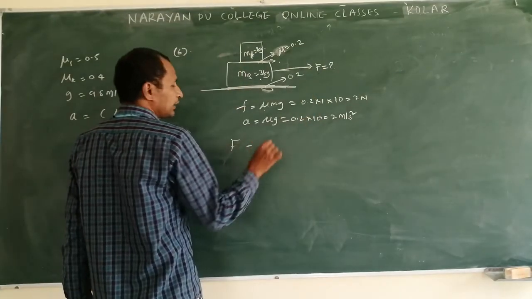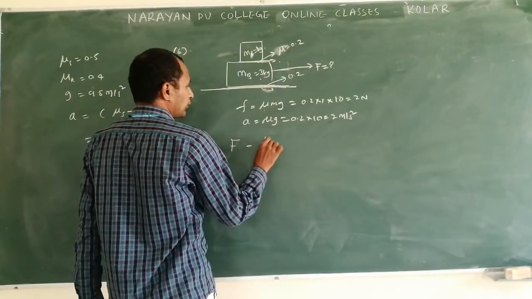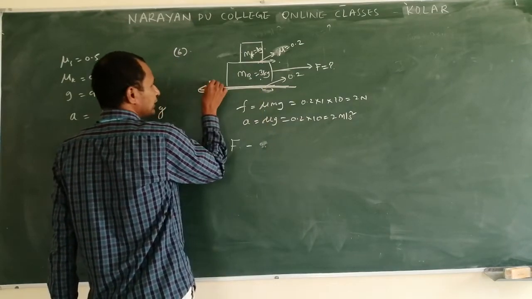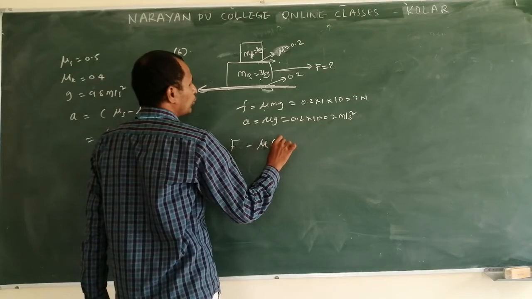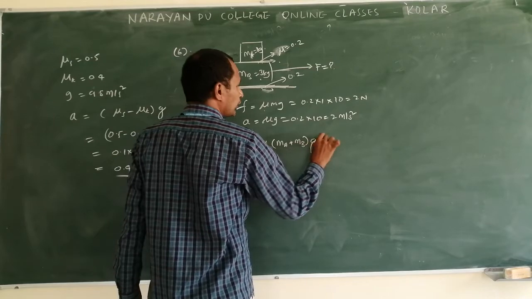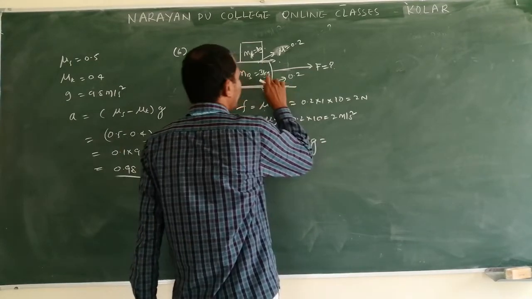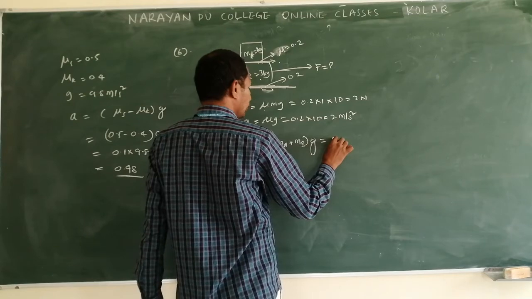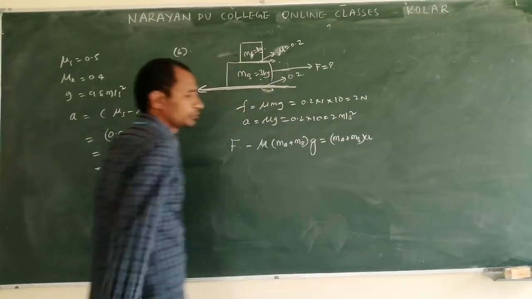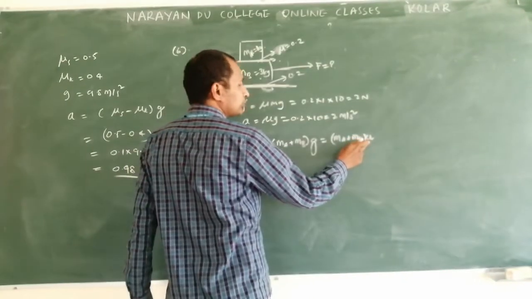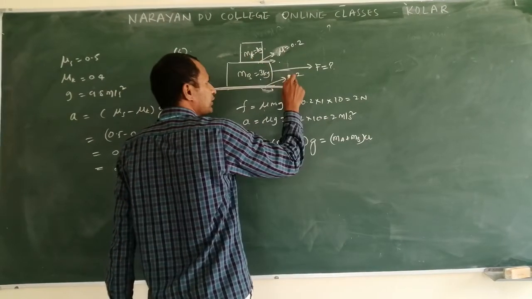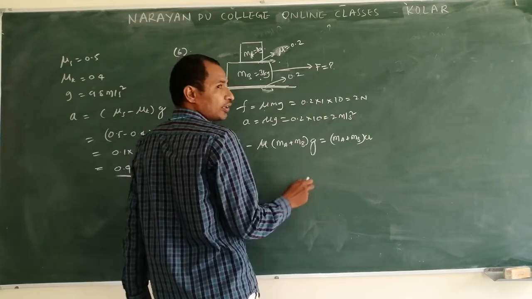So F minus friction on the total mass. What is the total mass? Friction acts in this direction, so that is mu times total mass, mA plus mB, into g, is equal to, both have to accelerate, right? So that is mA plus mB into a. What is the minimum acceleration to keep A at rest on B? It is 2 meter per second square, right?